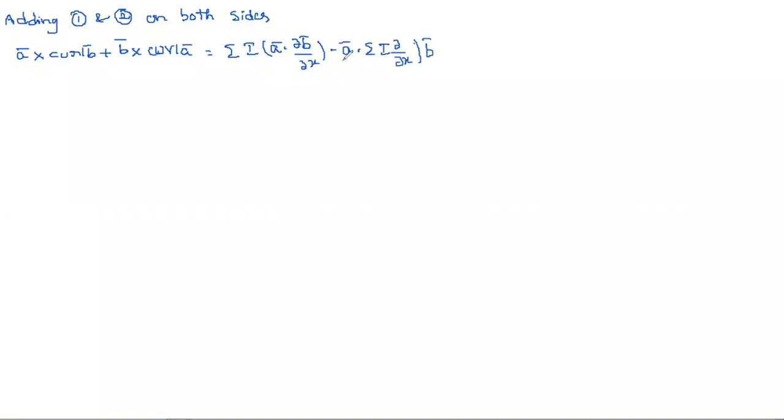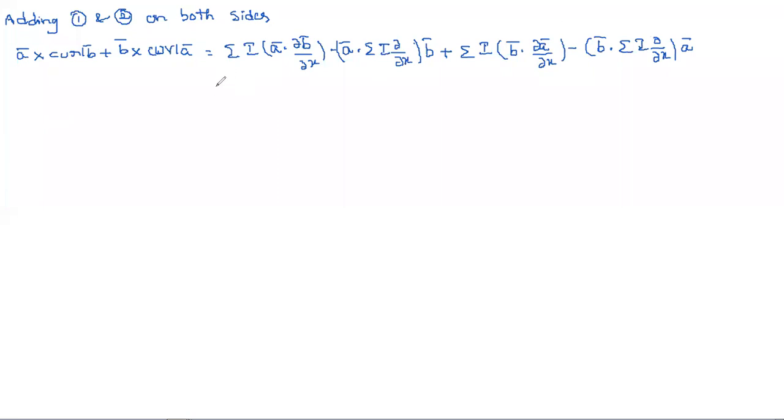So this is for a bar cross curl b bar. And next, plus summation i into b bar dot dou a bar by dou x minus b bar dot summation i dou by dou x into a bar.